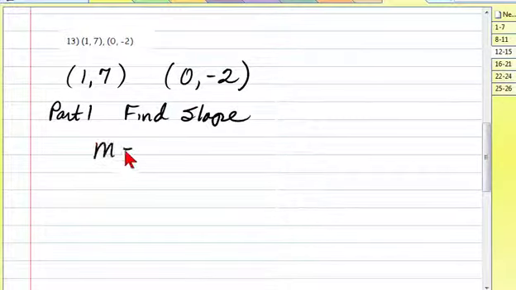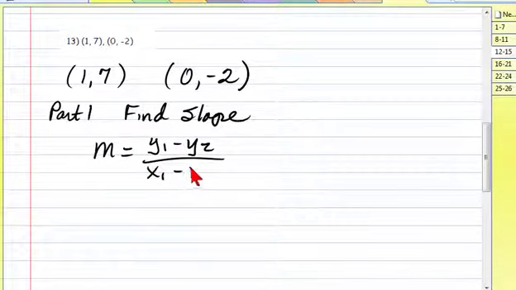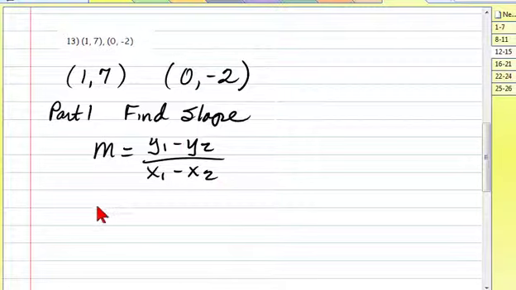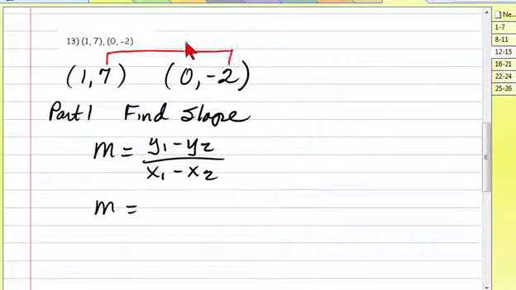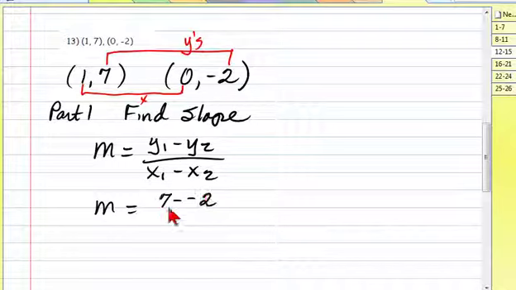So I have the slope is, my version of the formula is y1 minus y2 over x1 minus x2. The y's are on the top of this formula, and the x's are on the bottom. So for the top, I have 7 minus negative 2 over 1 minus 0.